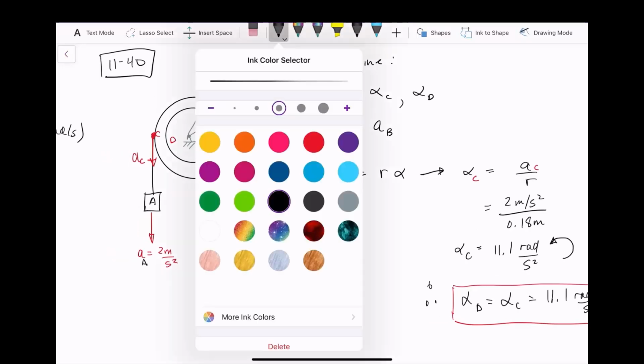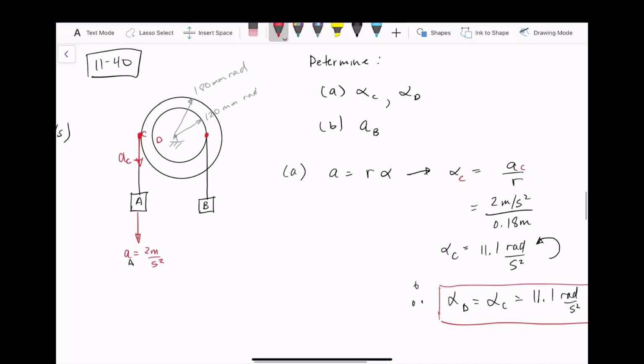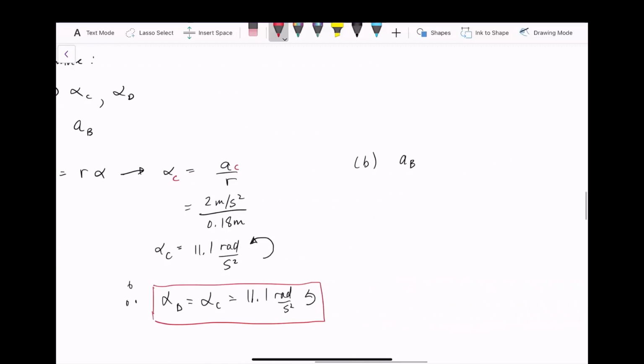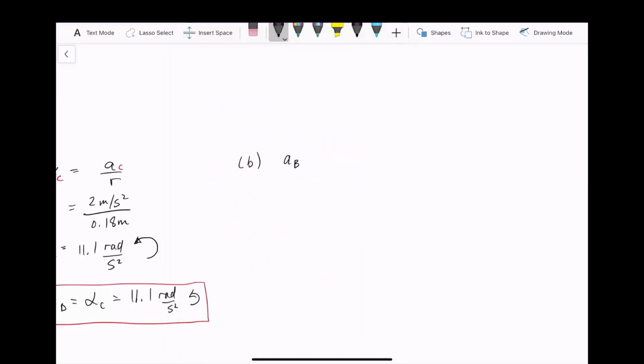So even if we were to pick point B, right there, the angular acceleration of that point is still 11.1 rads per second squared. And we have a radius arm to there, which is 0.12 meters. So we can use that to our advantage. So AB is equal to our alpha, and that would be our alpha B, where alpha B is equal to alpha C, which is equal to alpha D, right?